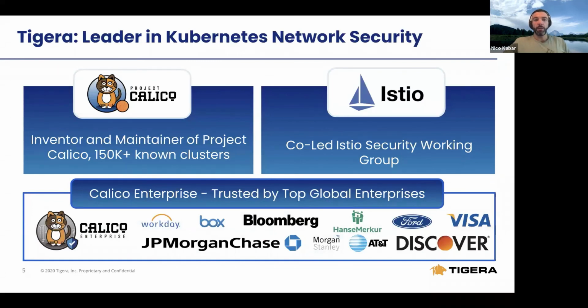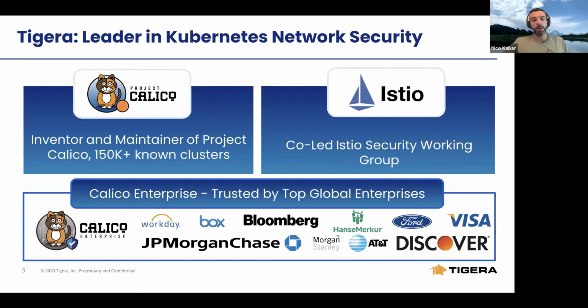For Tigera, the company behind Calico, we maintain Project Calico. I also co-led some of the initial security working groups and helped define the spec for both the CNI spec itself as well as the Kubernetes network policy spec. And we continue being involved in various SIGs within the cloud native ecosystem.